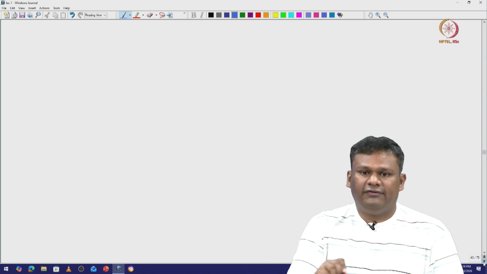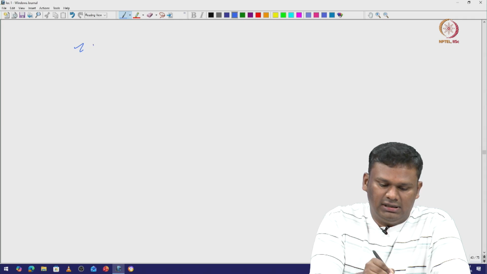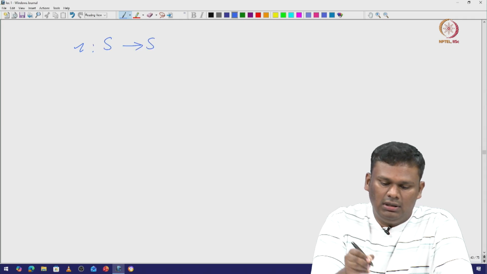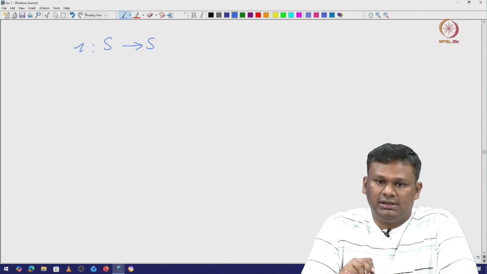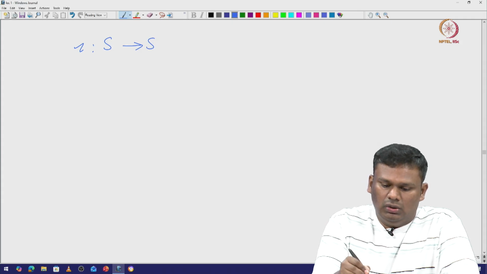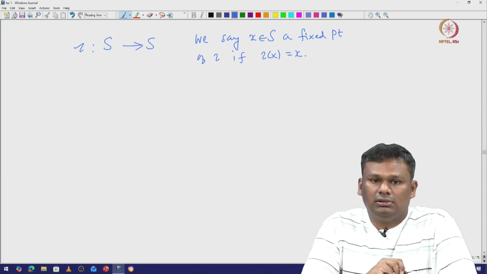Now, if I have a set S with this map iota, then I can talk about fixed points of this map. We say an x in S is a fixed point of iota if iota of x is equal to x.